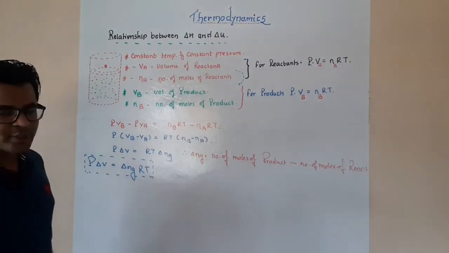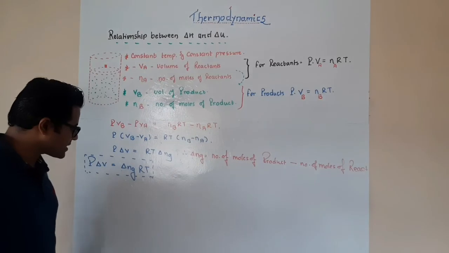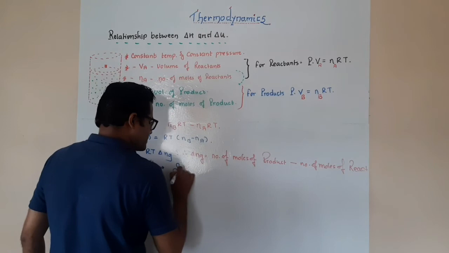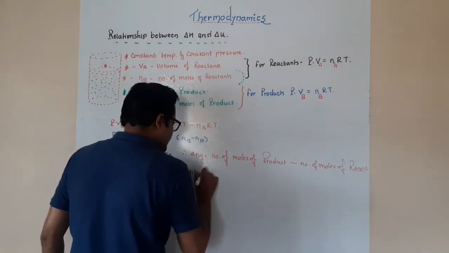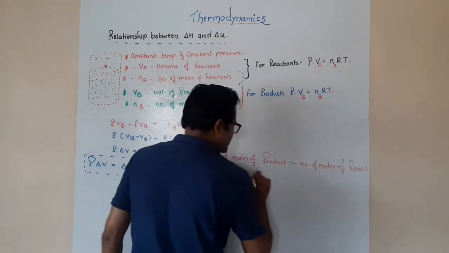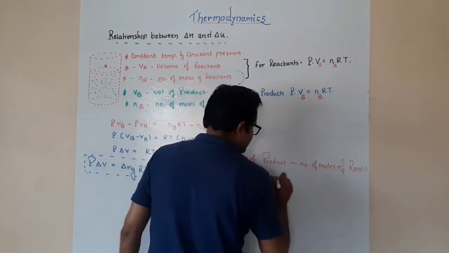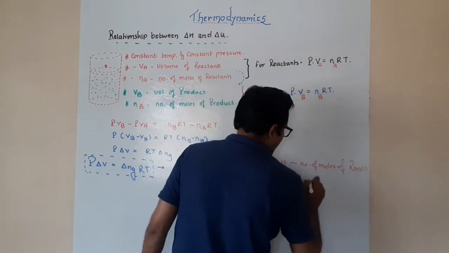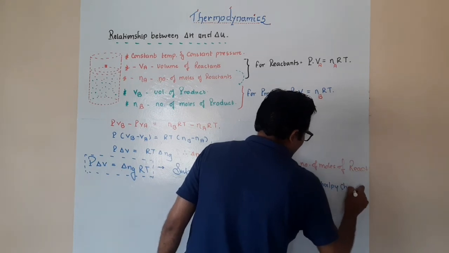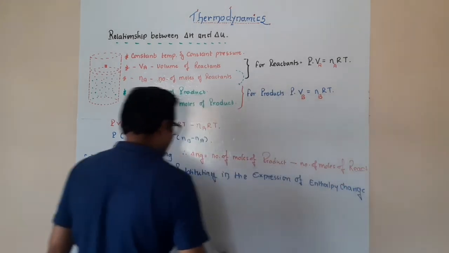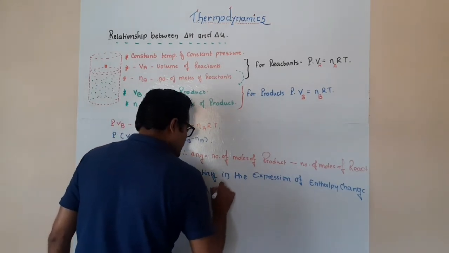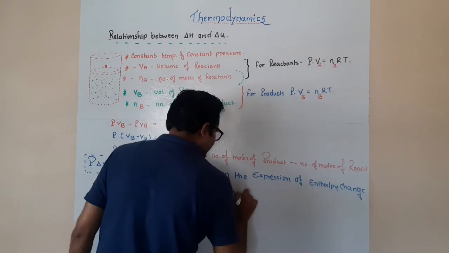We can take this particular expression, that is P into delta V is equal to delta Ng RT, and substitute it. So the enthalpy change is delta H is equal to delta U plus P delta V. Correct.